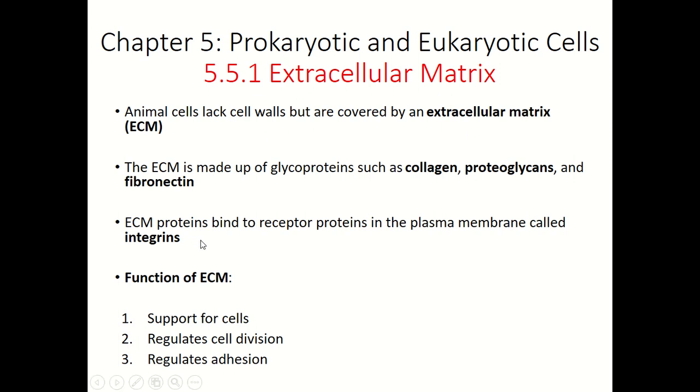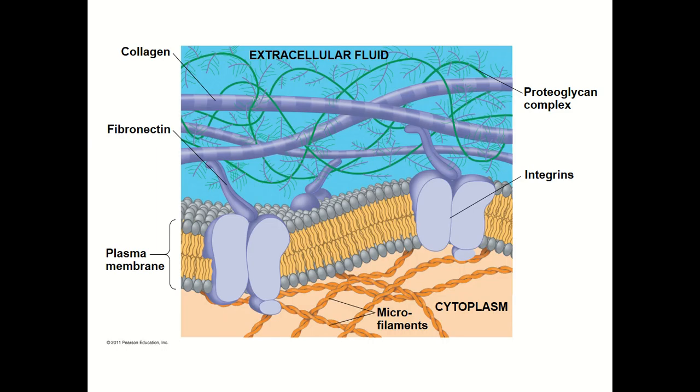The extracellular matrix proteins bind to receptor proteins embedded in the plasma membrane, called integrins. In animal cells, the extracellular matrix functions to support the cells, to regulate cell division, and to regulate the adhesion between two adjacent animal cells.